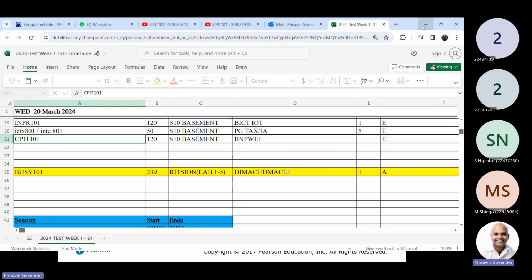But this course is not your major course. You're not going to be doing it next year. There's no CPIT 201. There's no CPIT 301. That's not a major course. What can I say? It's, for lack of a better word, a filler course, an ancillary course.